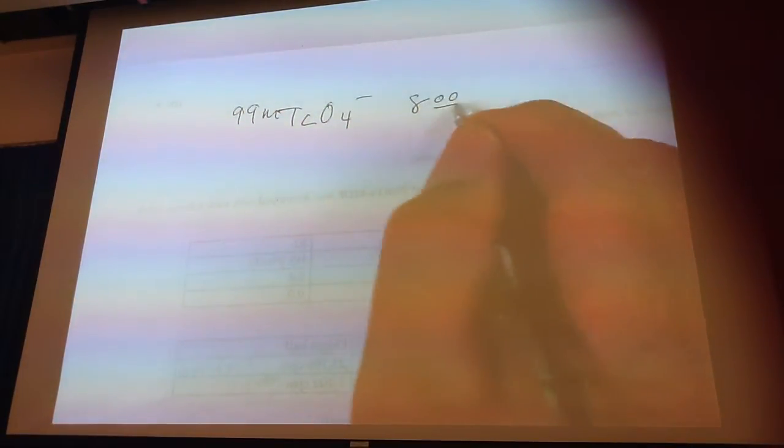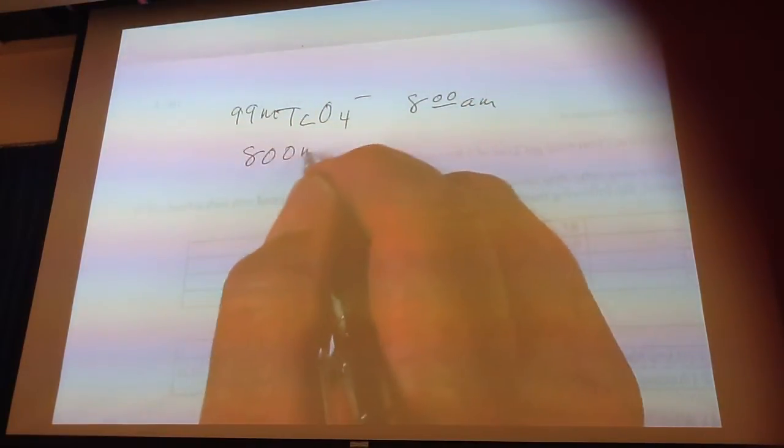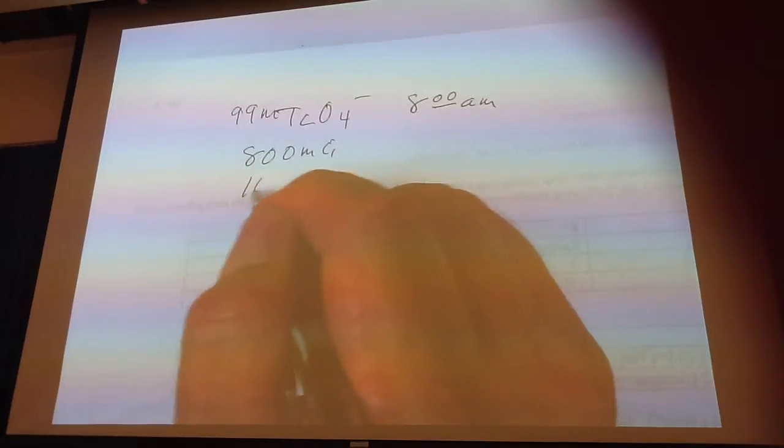And then one of the other questions that's not on here, but I did ask, is preparing kits. Okay? So let's say that you milk the generator at 8 a.m. You get 800 millicuries and you use 10 ml.